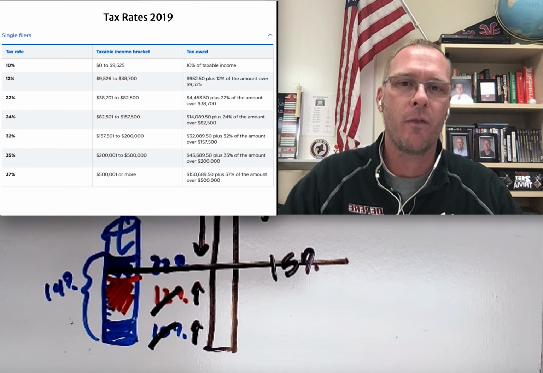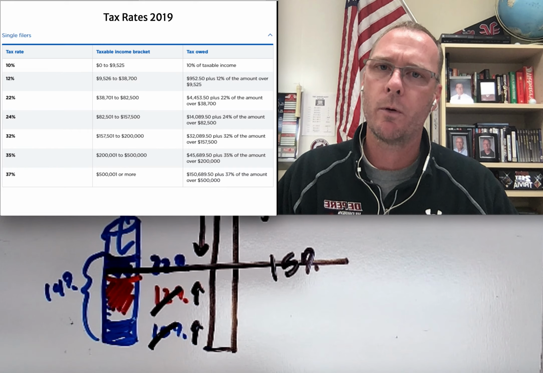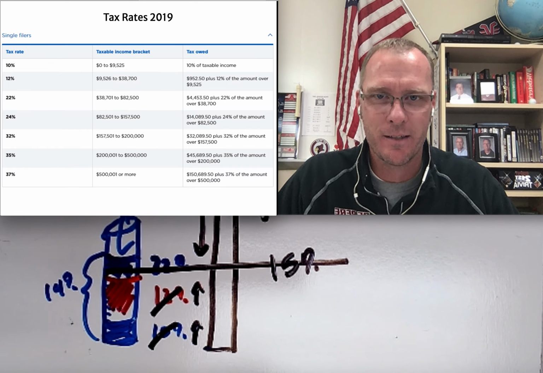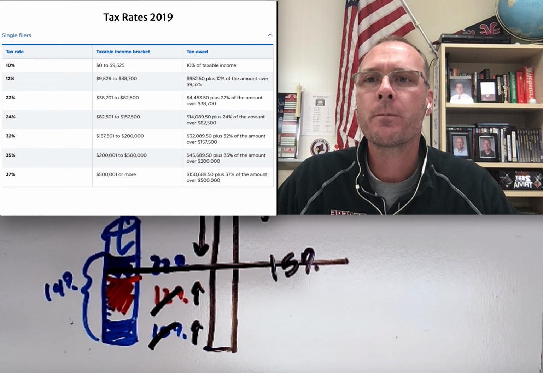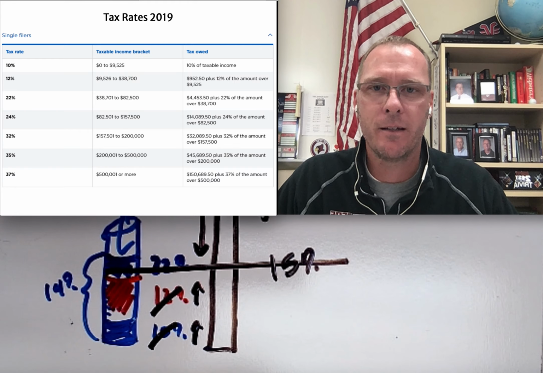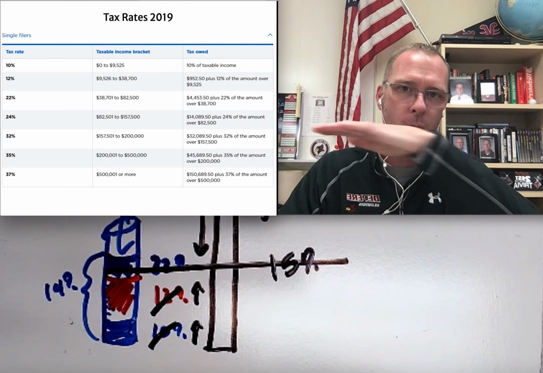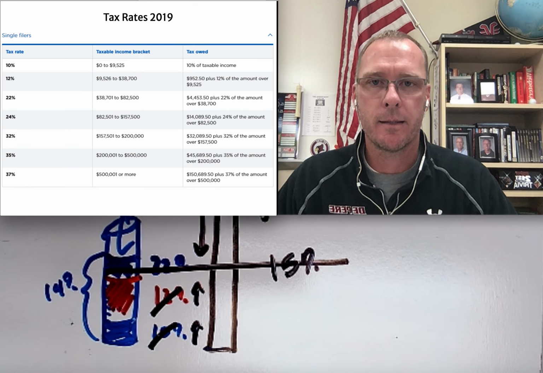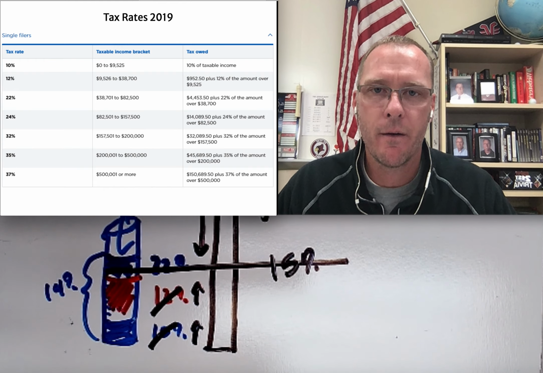So anytime you see a flat tax out there, they're going to say, well, it's equal, it's equitable for everybody, right? That's the argument. But in reality, it's a huge tax decrease for the wealthy, and a tax increase for anybody that's poor. And it does seem like it's equitable. It does seem like it's fair to do everything the same. But when you look at it, not everybody is the same, right? So that's why sometimes when things are equal, it's not always fair.